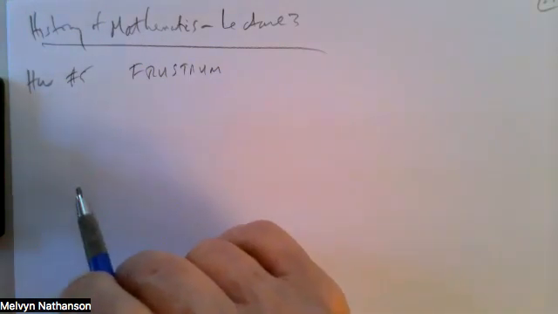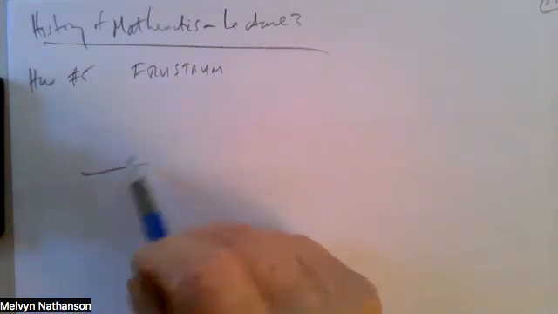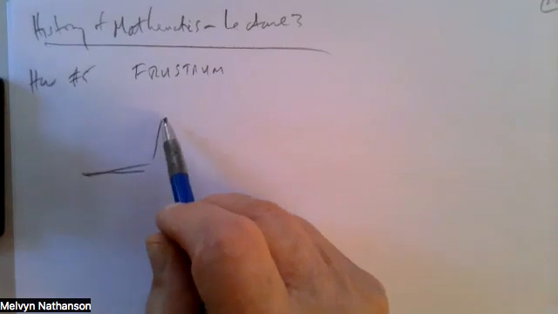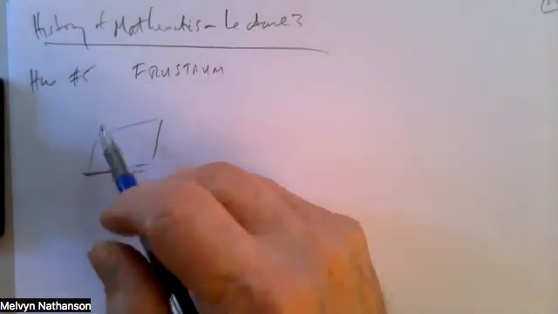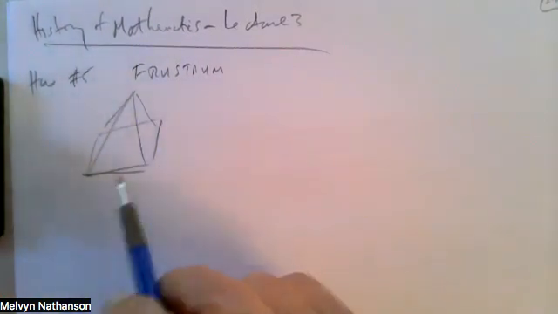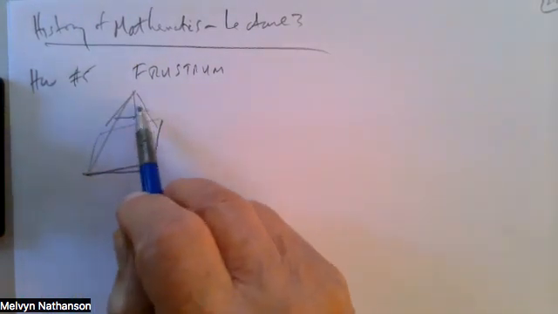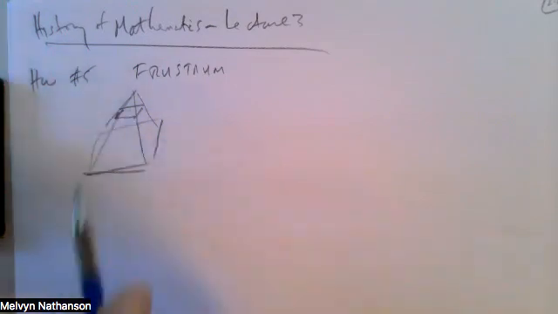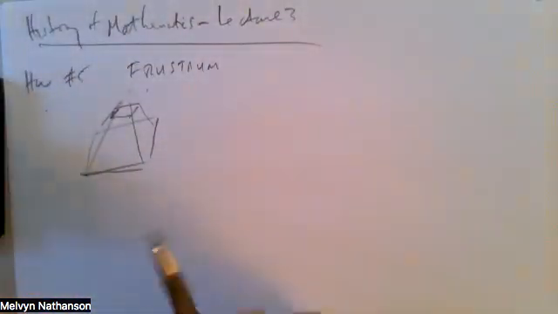So you take a pyramid with a square base, and imagine that. All right, so that's the pyramid with the square base. But if you cut off the top piece, so I'll cut off the top piece by erasing, that's a frustum.